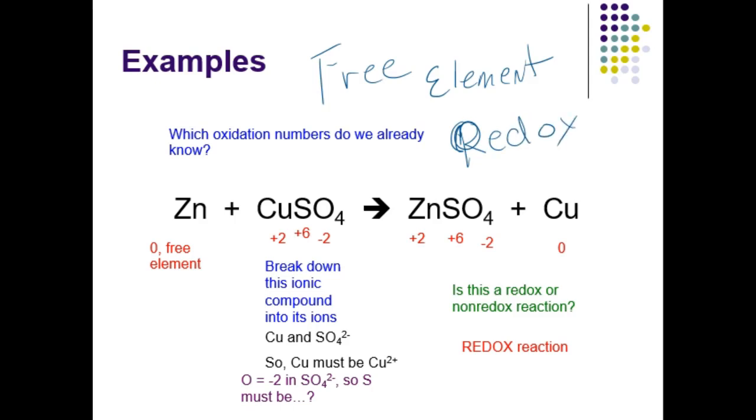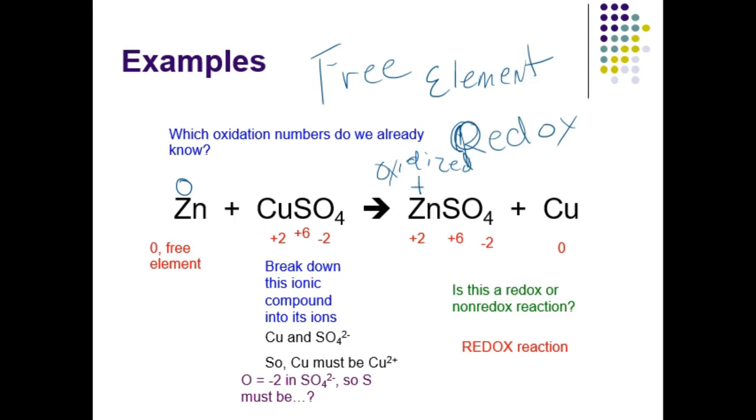So if you look here, this started out as a 0 charge, and over here it becomes a +2 charge, so this zinc became more positive by 2. Zinc is the one that became oxidized because, OIL RIG, oxidation is the loss of electrons. It lost electrons, so this is the oxidized one.